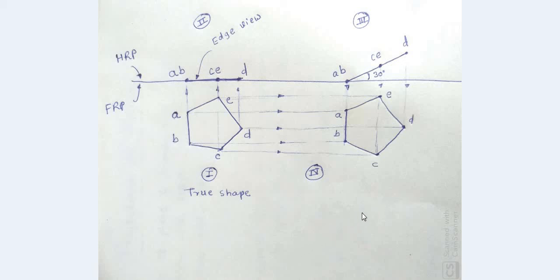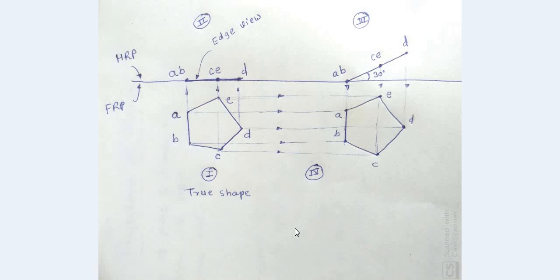And this FRP in the top view will not be drawn randomly at any location, but it will be drawn as per the condition. And the condition is that the edge on which the pentagon is resting in HRP is inclined at 40 degrees to FRP.